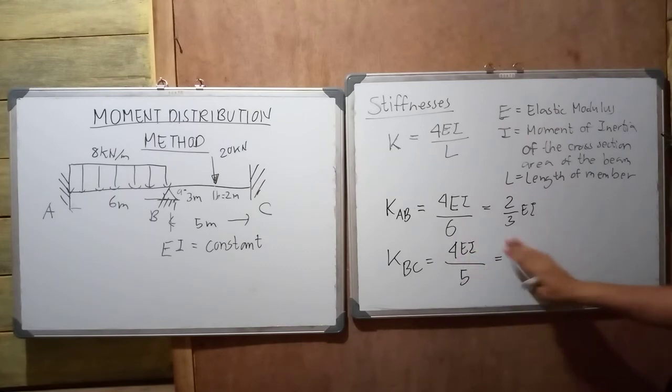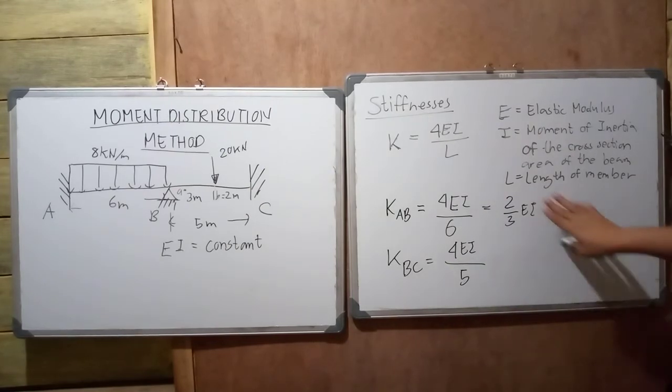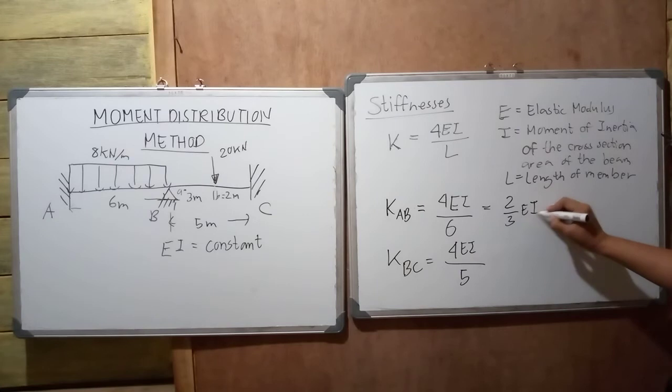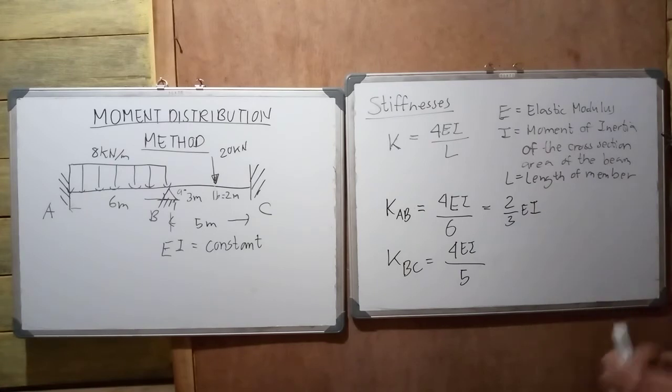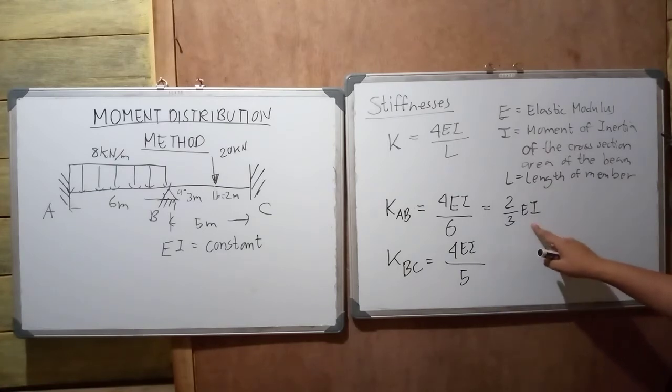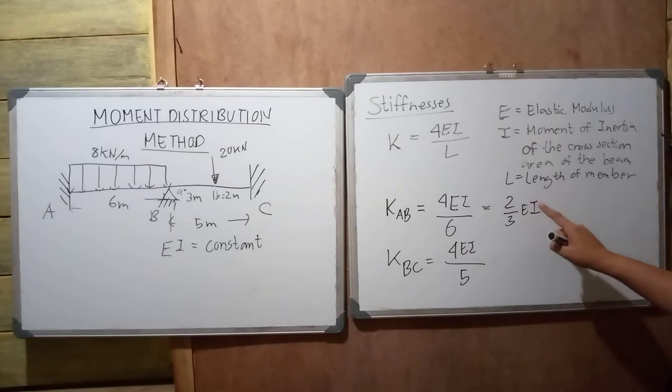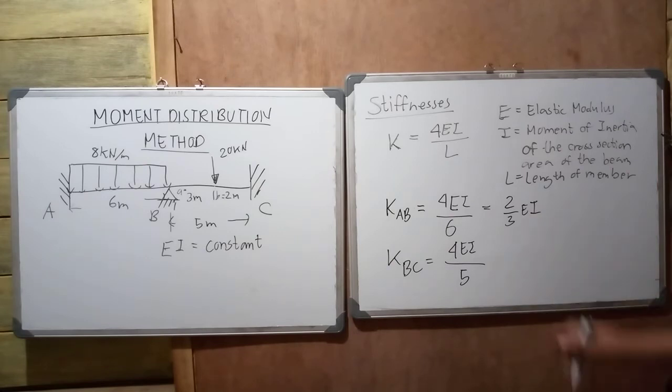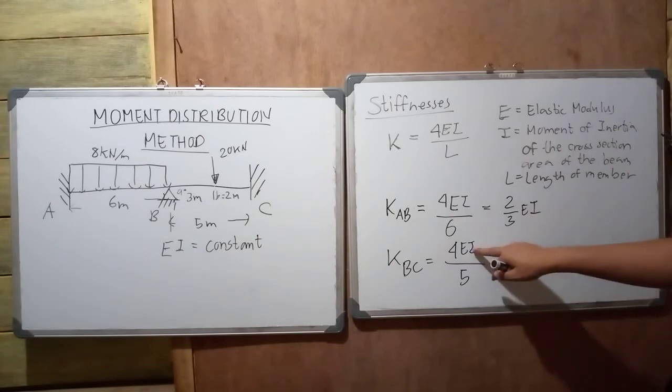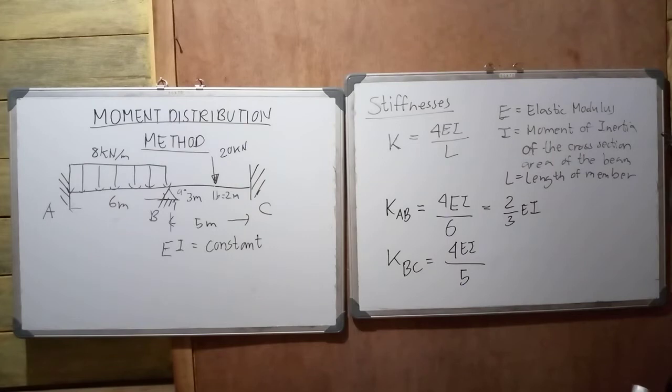Okay, that's fine. Let us not round it off, because it is not good to round off right away, class. Our solution will become erroneous, and our shear and moment diagram will be ruined if we keep rounding off. So, let us take it as fractions: 2/3 EI and 4EI over 5.